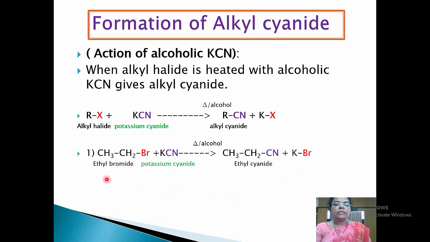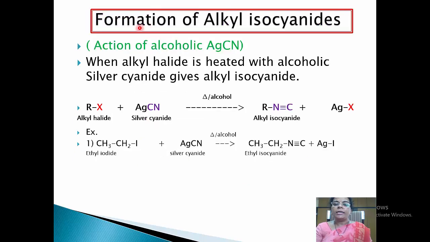The reaction is CH3CH2Br plus KCN in alcoholic medium, heated, gives CH3CH2CN plus KBr. This ethyl cyanide is also named propanenitrile. The IUPAC name of ethyl cyanide is propanenitrile.